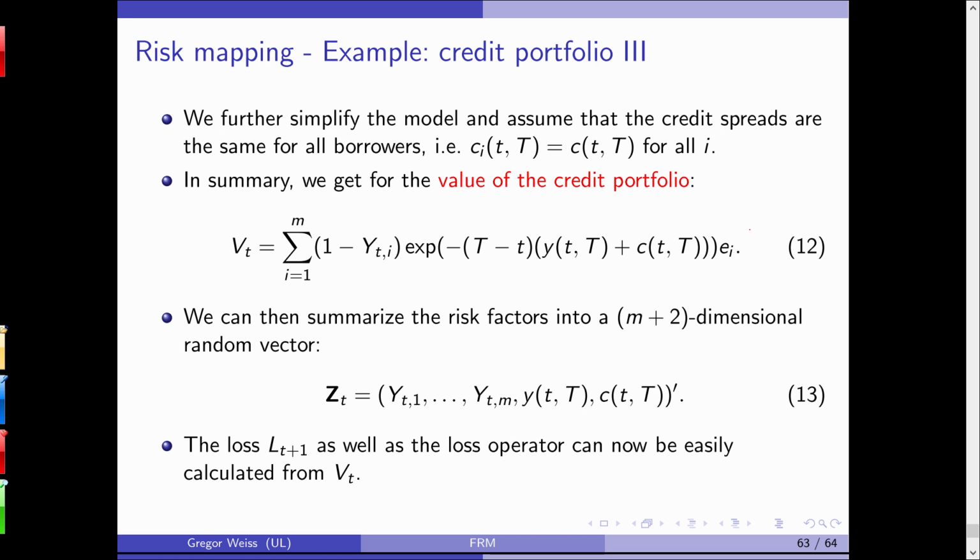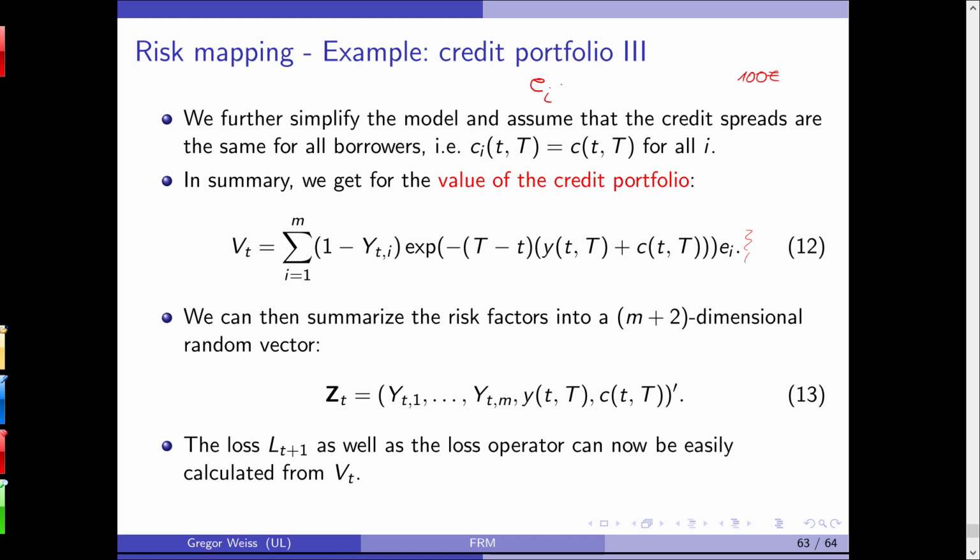Now here, I want to write this a little bit simpler, not with continuous discounting, but with discrete interest rates. Now assume you have an exposure EI, and here we write this is 100 euros. What is the value of this? We need to discount this by today's interest rate.